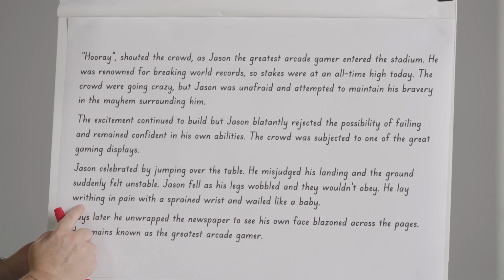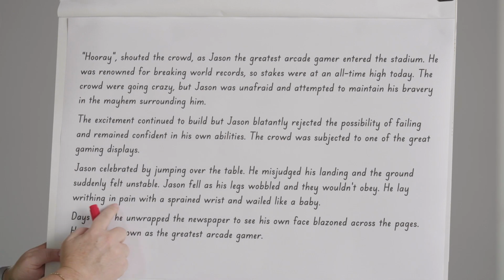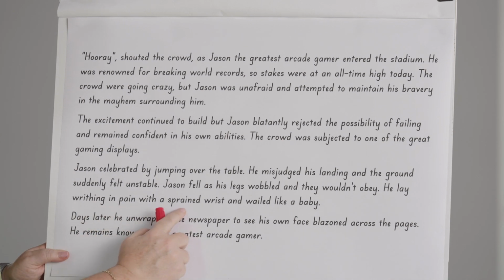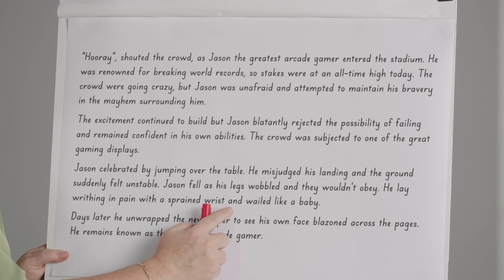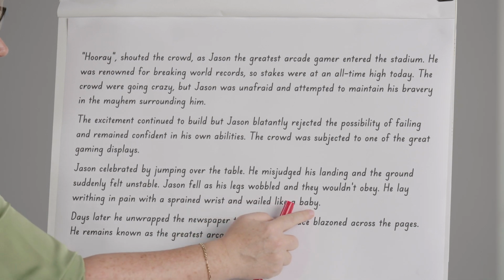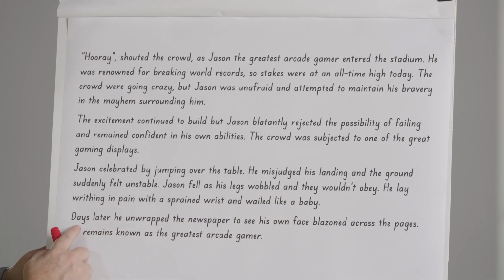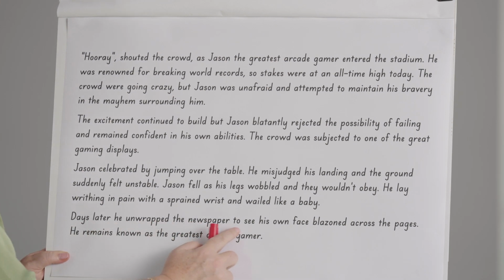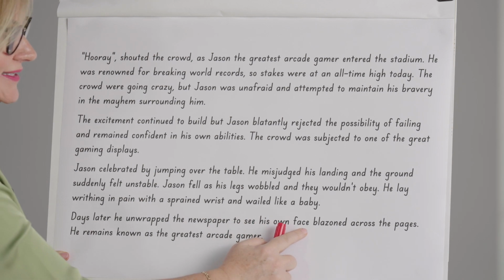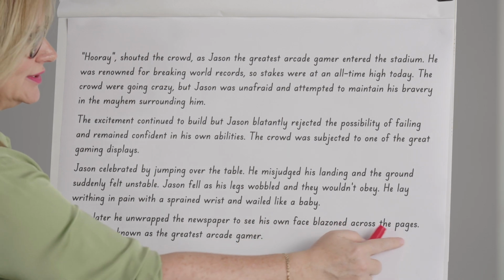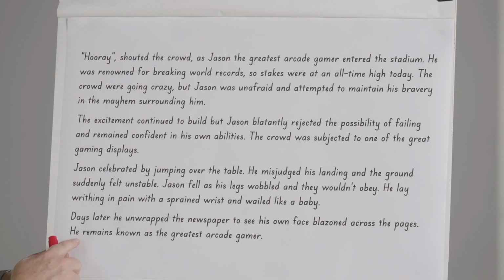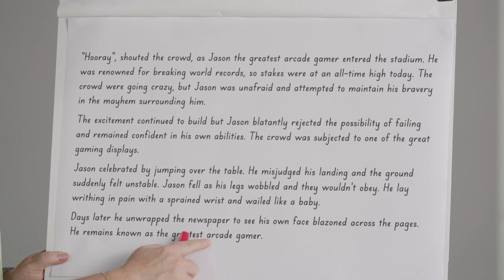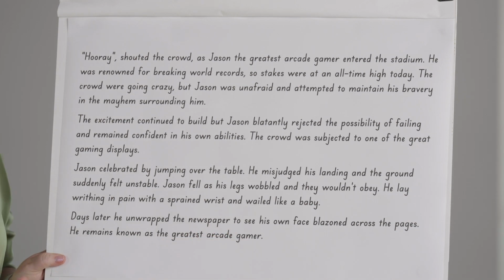He lay writhing in pain with a sprained wrist and wailed like a baby. Days later, he unwrapped the newspaper to see his own face blazoned across the pages. He remains known as the greatest arcade gamer.